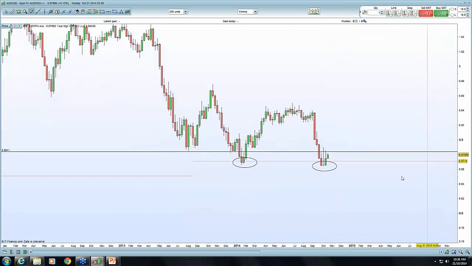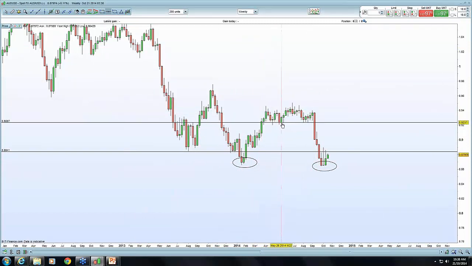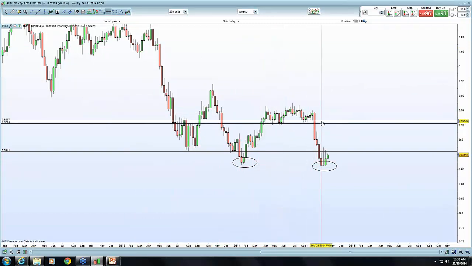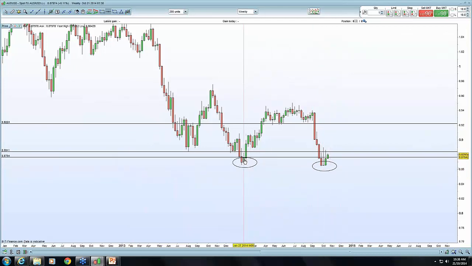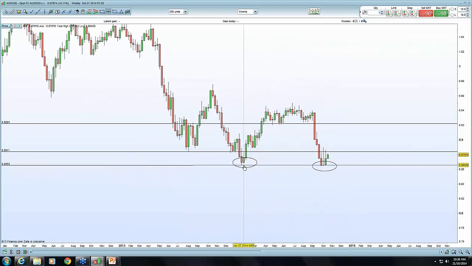If you look at the weekly chart, basically we came down from the highs of 94 cents, and when the 92 key support level was broken, that's where it started to trend downwards, and it came back all the way to the low of 2014 around the 86.50 level here. These two circles I drew last week.